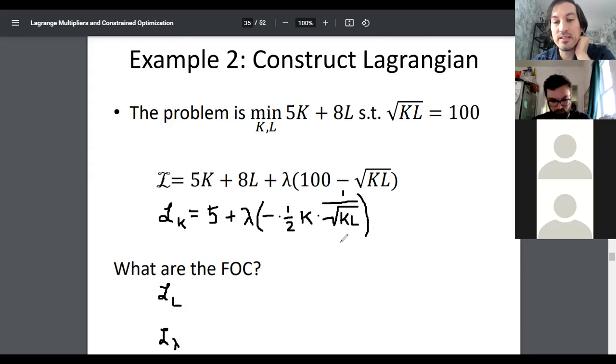Maybe you said that. If you said that, you were correct. There's the negative because of this negative. There's the 1/2 because it's raised to the 1/2. There's the K because of the chain rule. I'm taking the derivative of what's inside the square root and pulling it outside because of the chain rule. And then I'm reducing the exponent by 1. KL to the 1/2 becomes KL to the negative 1/2, which is like putting a square root in the denominator. So maybe we can write this a little bit nicer to say I prefer 5.